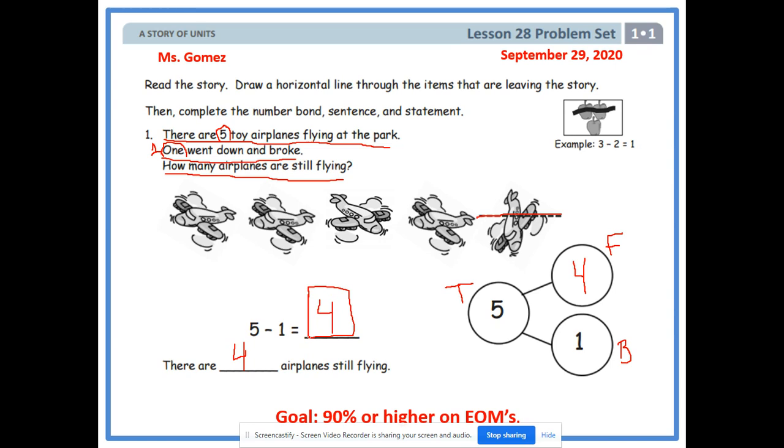And this is how we solve subtraction word problems, using all of our math strategies to show our work. Now, our must-do problems are 2, 3, and 4, which is basically the whole front page and the whole back page. During the live session, we will work on these together.